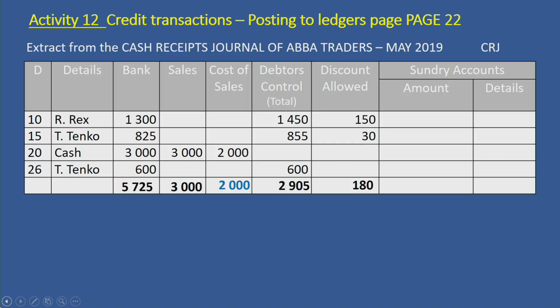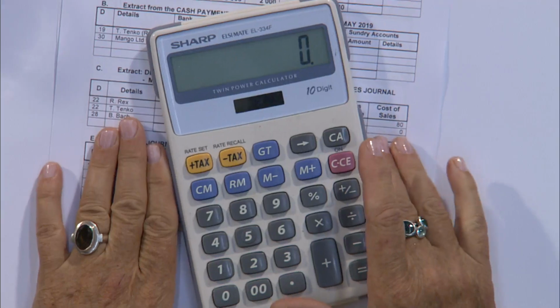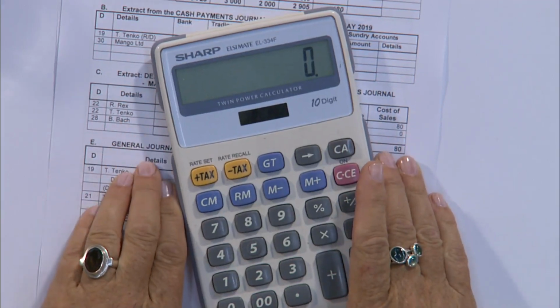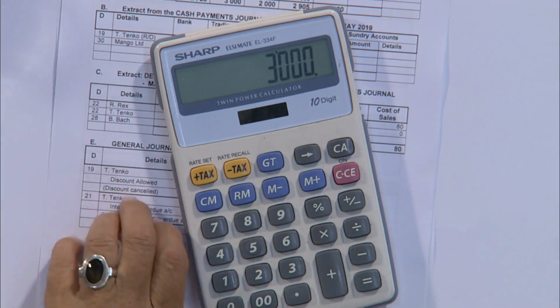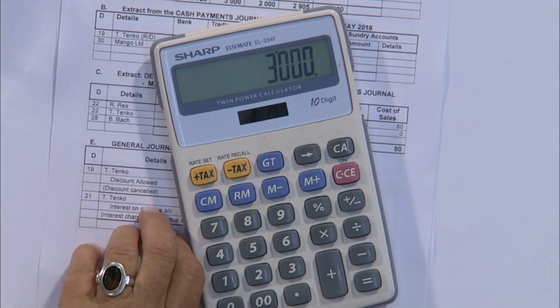How do I check my totals horizontally? Because we always do that in journals. 5,725 is equal to, if you want to put it on your calculator, I'm going to put it on my calculator, so we can just have a look there. I'm going to take my 3,000 Rand, that is the sale, so follow on your paper when you look at what I'm calculating.